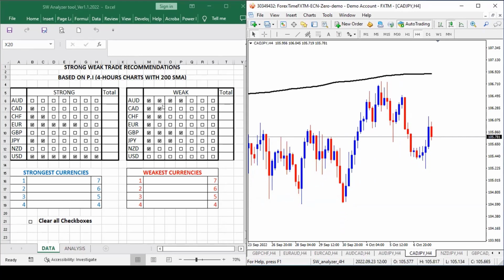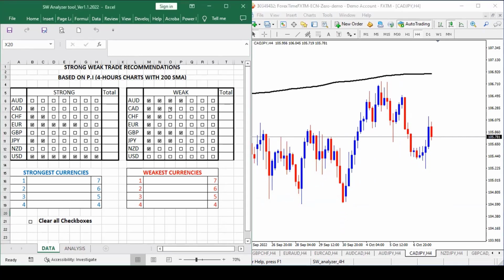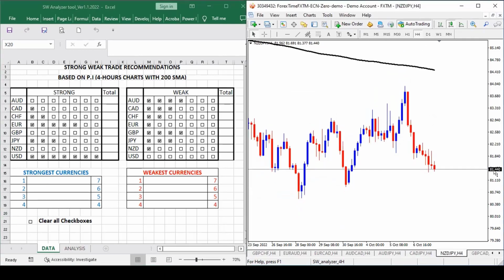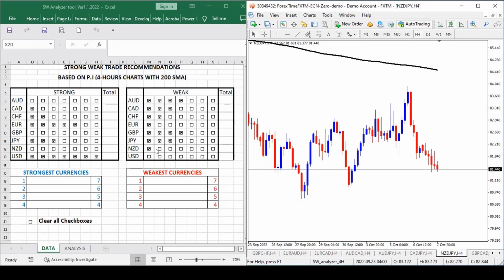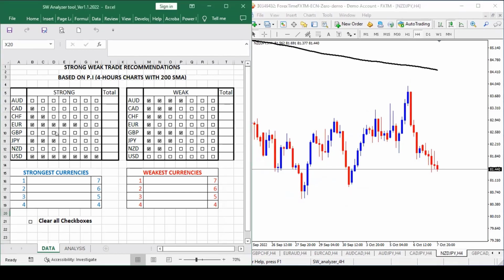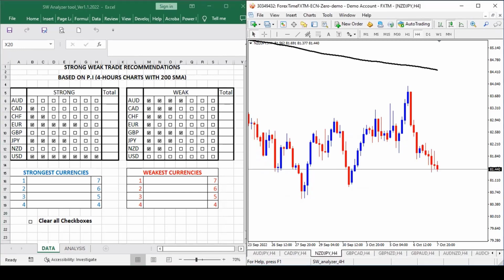CAD has a down arrow. Yen has an up arrow. New Zealand JPY. New Zealand will have the down arrow and the JPY will have the up arrow. Okay. Continue. We're going to go through all the 28 currency pair combinations.